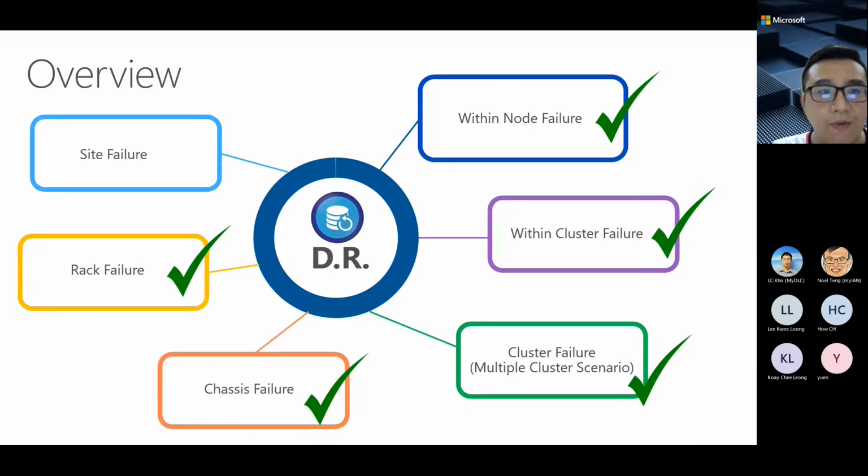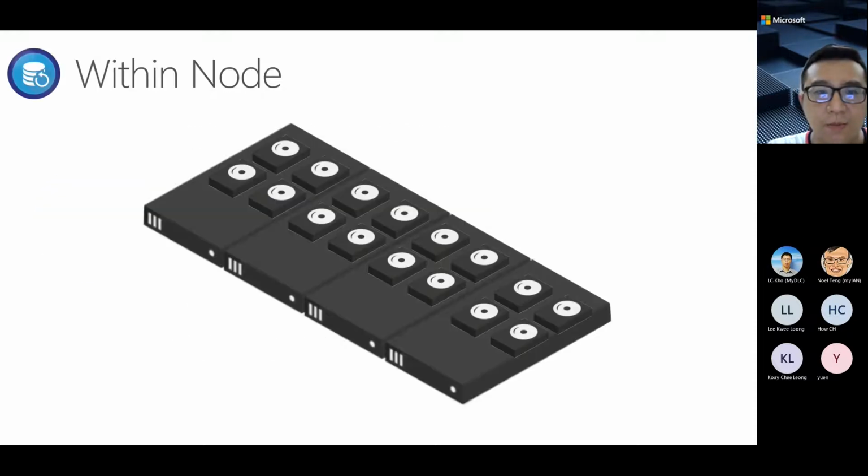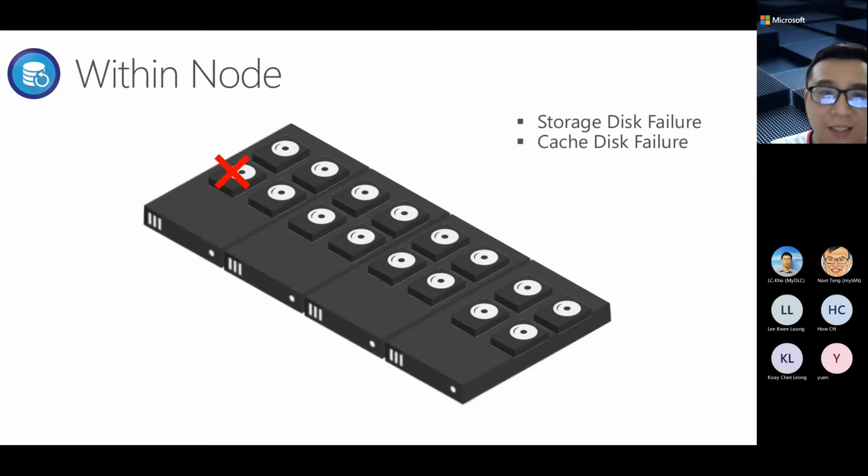Okay, so before that, just a recap of what we actually talked about over the last 2 or 3 weeks. I think 2 weeks, right? Yeah, 2 weeks. Within the nodes, I think everyone understands already. It could be a disk failure, or maybe some part within the server itself.